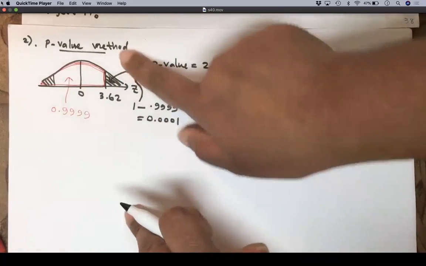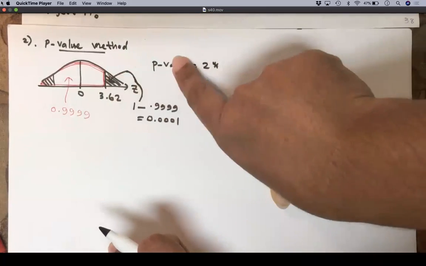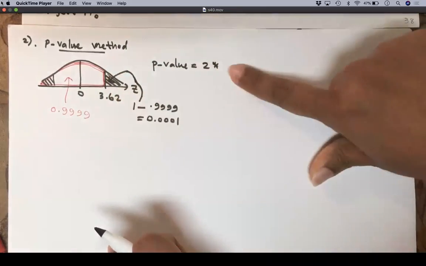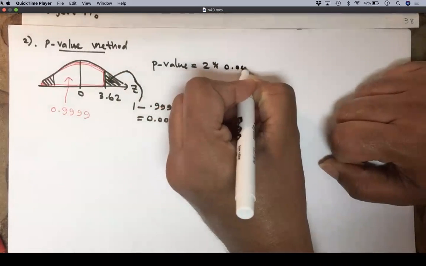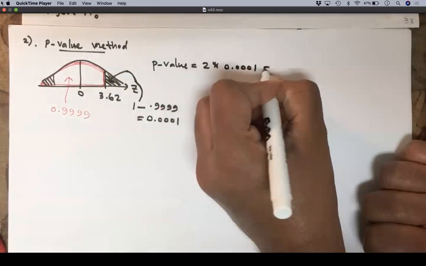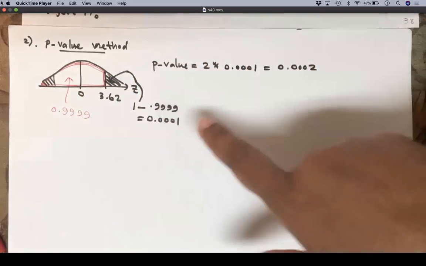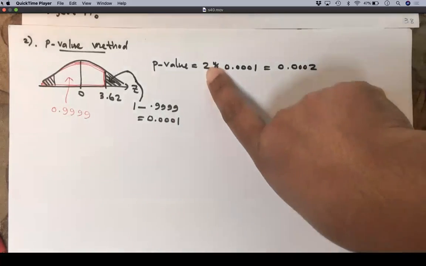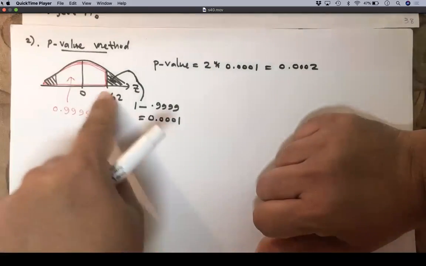Okay, how can we get the p-value? The p-value is the area to the right of the test statistic times 2. So the area is 0.0001. So what is our p-value? This is my p-value. Here we have a two-tail test, that's why you have to multiply it by 2, okay? I told you how to find the p-value if you have a two-tail test.